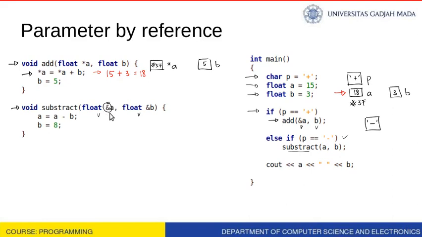So it means that this is a parameter by reference also. So there are 2 styles for writing parameter by reference. You can use pointer like this, or you can use this ampersand, which indicate the address of this variable.